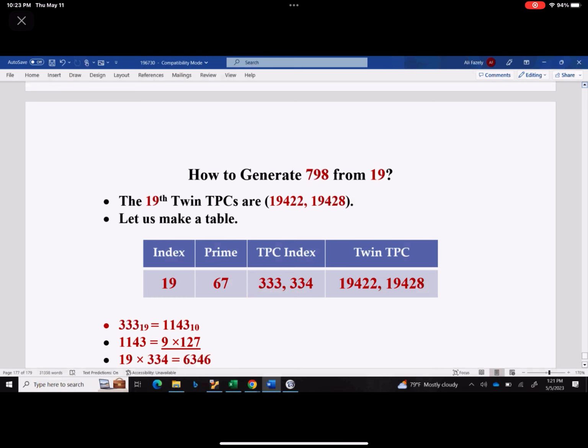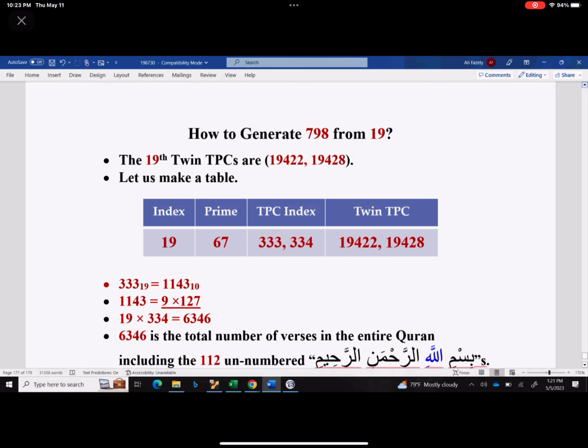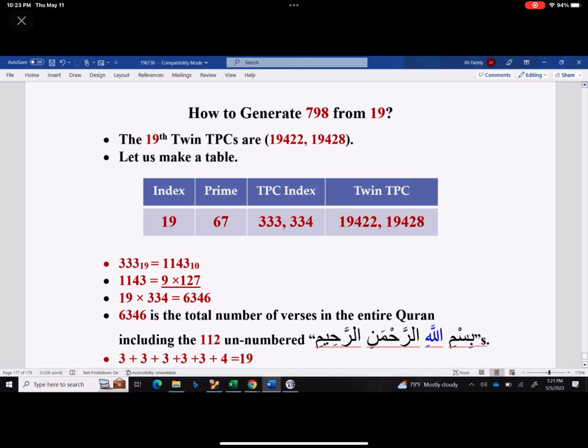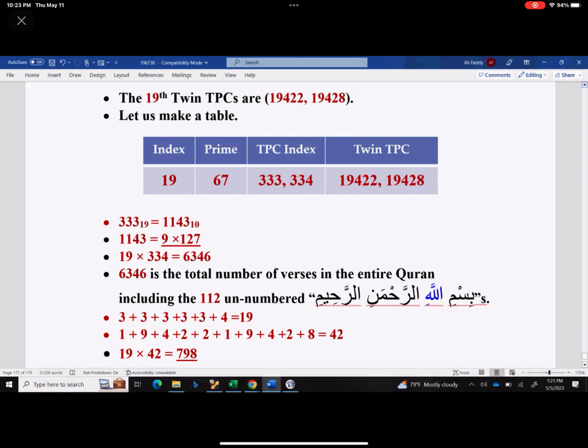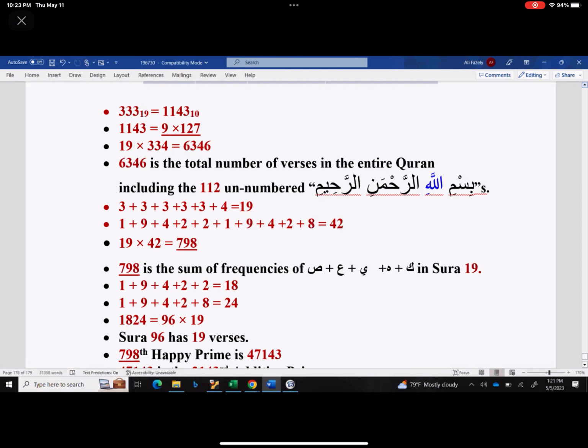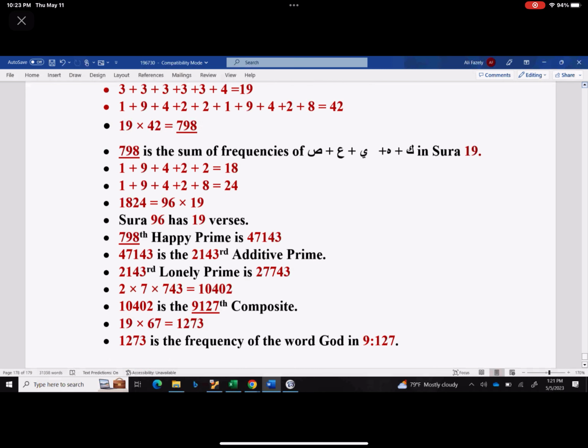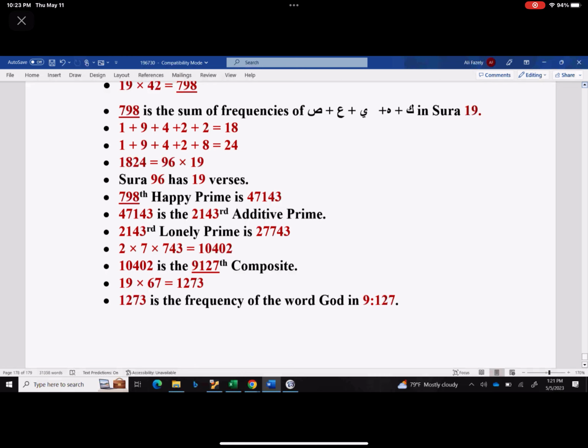We found that one of them is 19 times 42, which is 798, and that's how this 798, the number of K.Ha.Y.Ayn.Saad in chapter 19, is generated. So anyway, that's a given.